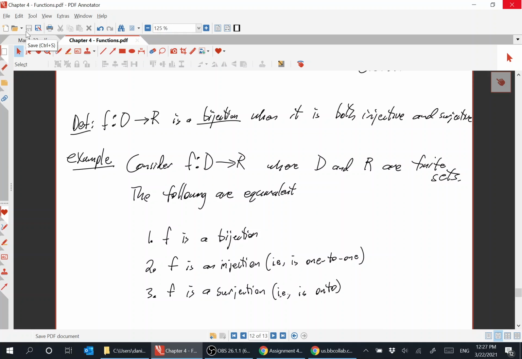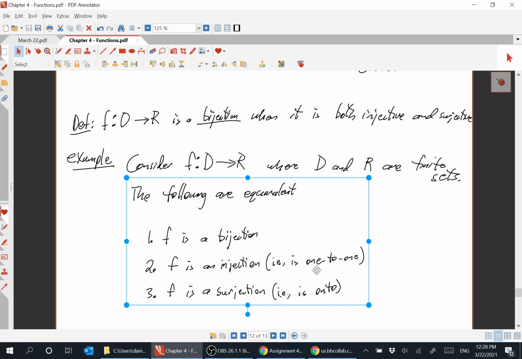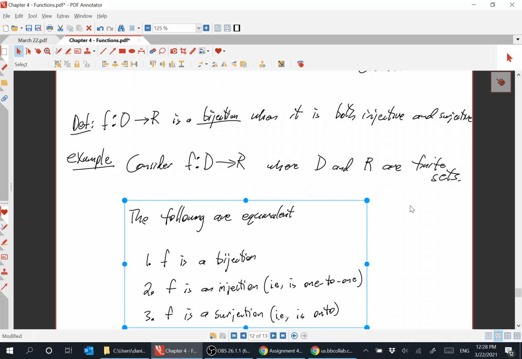An assumption where D and R are finite sets with the order of D equal to the order of R. It's not quite true yet.